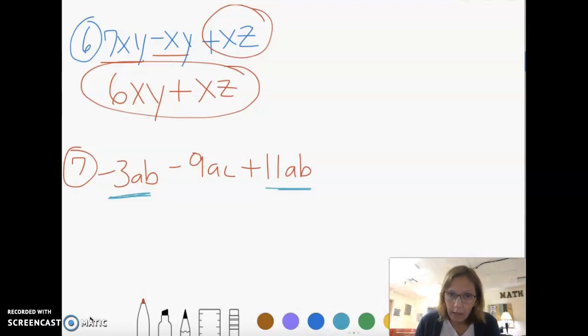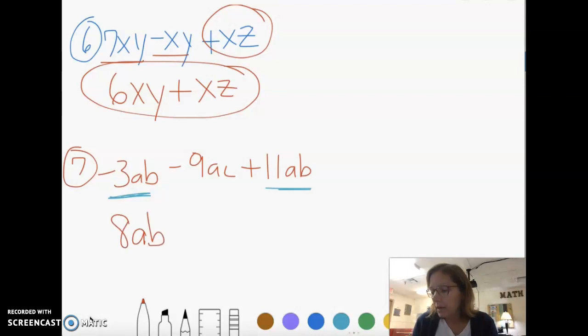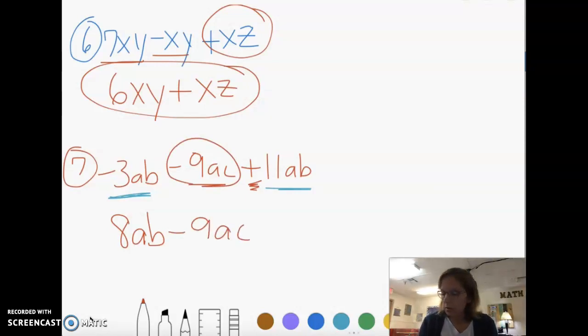Negative 3ab plus 11ab. The signs are different, so I subtract. 11 minus 3 is 8ab. The 11 is bigger and it's positive, so then my 8 is going to be positive. And then I just bring down this 9ac because it has no matches, and that's my final answer.